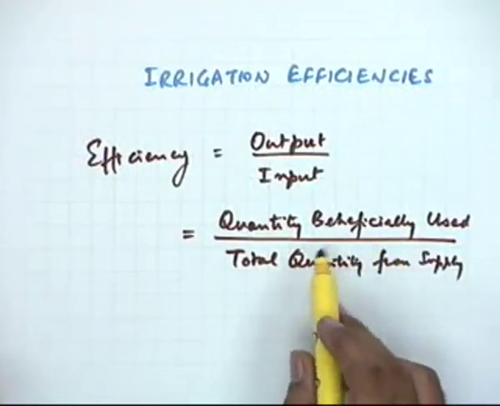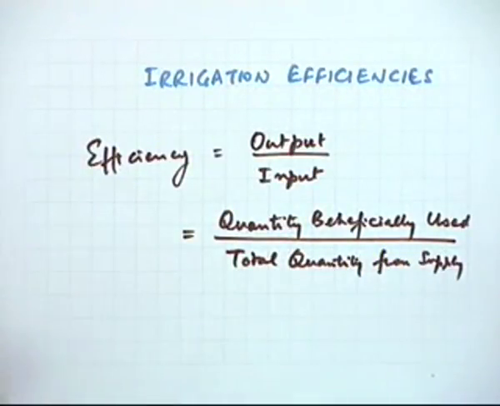So this is closer to the irrigation aspects. What you are doing is that you are diverting some water from the source. The source can be in the form of a reservoir, or the source can be a groundwater tube well, or a source can be a tank.